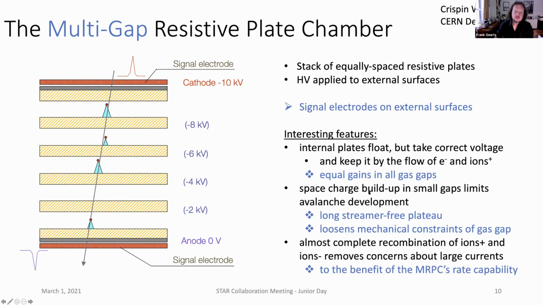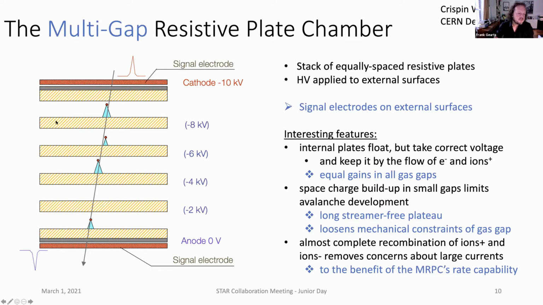The idea that the space charge buildup in these small gaps limits the development not only allows us to have these longer streamer-free plateaus as a function of high voltage, but it also loosens, I should say, the mechanical constraints of a gas gap. And that's very interesting.